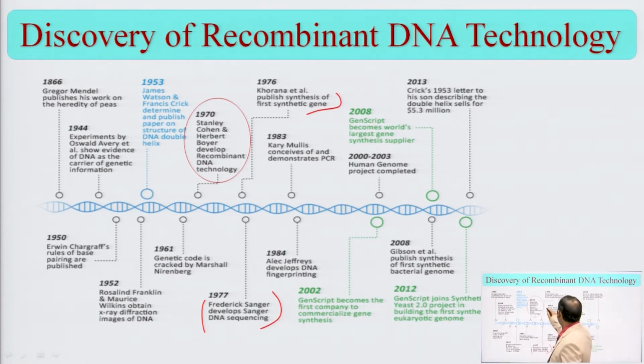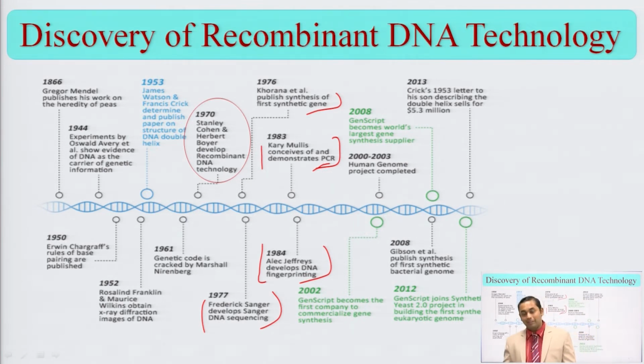After that, Kary Mullis demonstrated PCR, the polymerase chain reaction, and then in 1984 Alec Jeffreys developed DNA fingerprinting. Today DNA fingerprinting is everything. If somebody commits a crime, forensic scientists quickly go for DNA fingerprinting.